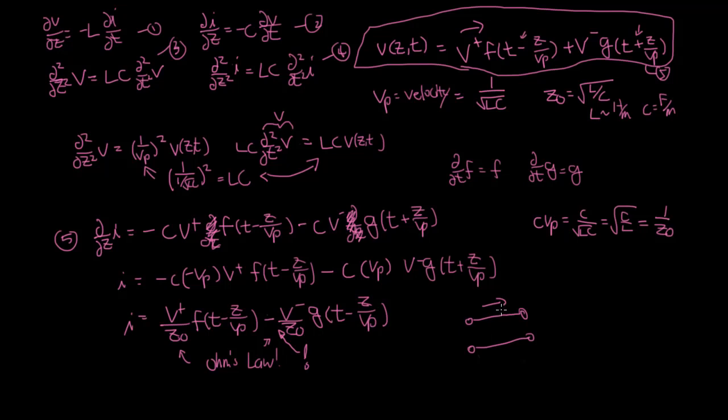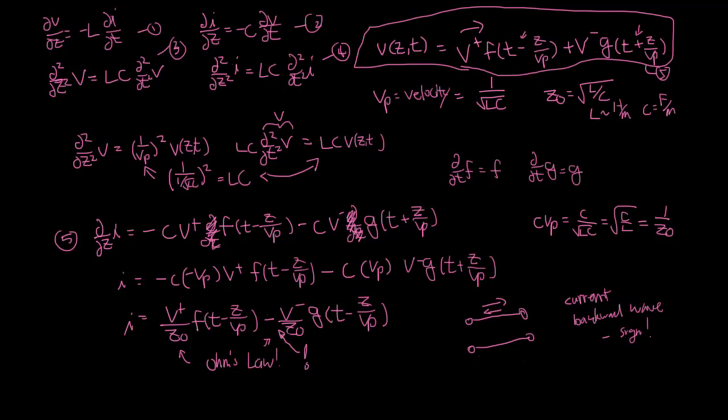When the wave is going backwards, you still have a positive voltage wave propagating to the left, but now the current is flowing in the opposite direction, the negative z direction. So note that for the current, the backward propagating wave has a negative sign. Really remember that. That came back to bite me on numerous occasions.